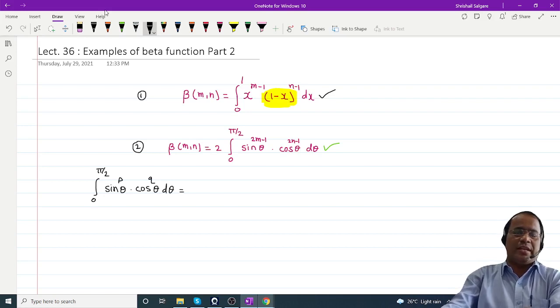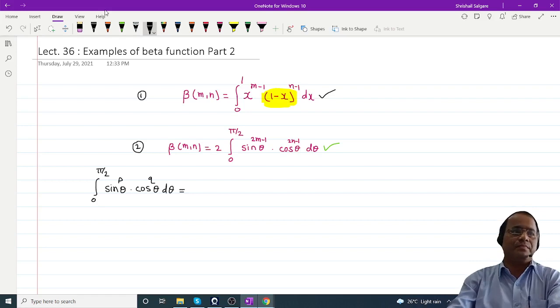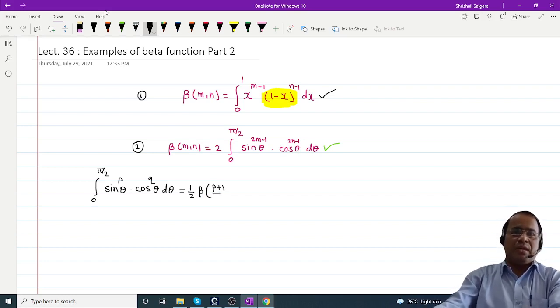So anyone can tell what will be the answer in terms of beta? 1 by 2 beta of p plus 1 divided by 2 comma q plus 1 divided by 2. Excellent.